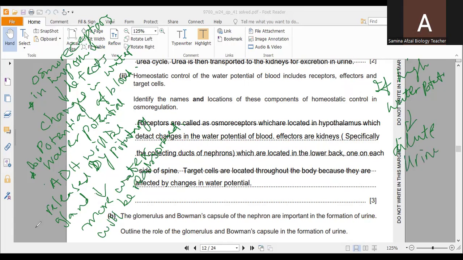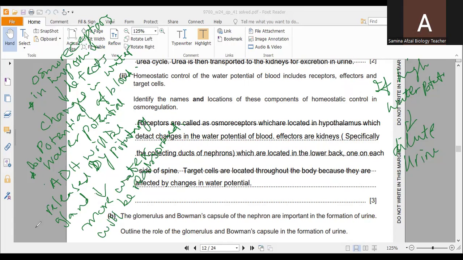Less water will be reabsorbed because the body cells do not need more water at that time. Water potential is already very high inside the blood, so most of the water will be excreted out in the form of dilute urine. In this way, osmoregulation, or the control, takes place inside the body. This results in less water reabsorption, and dilute urine will be produced. In this way, the whole process takes place.